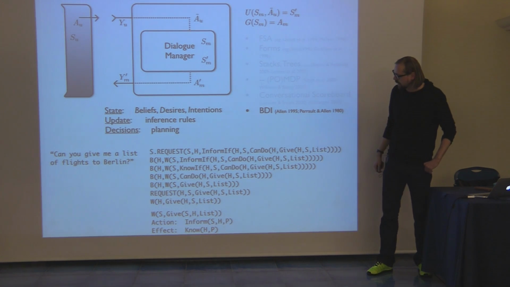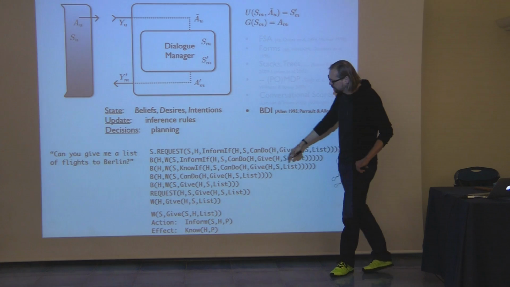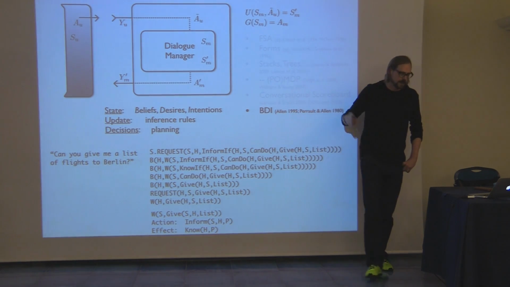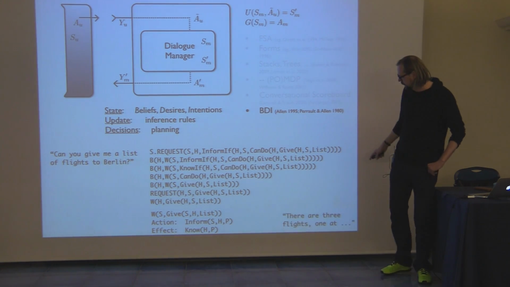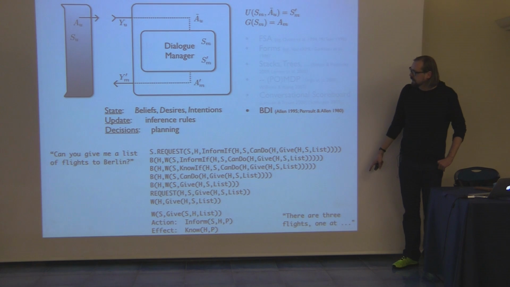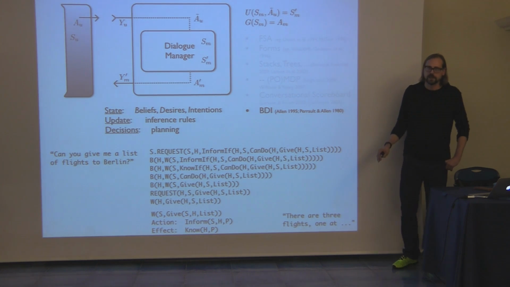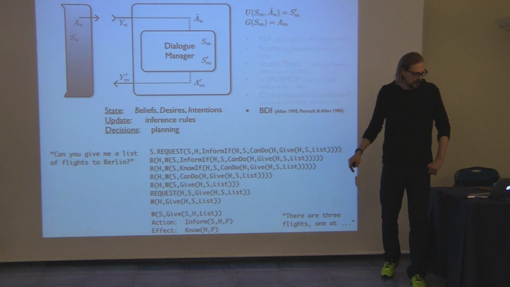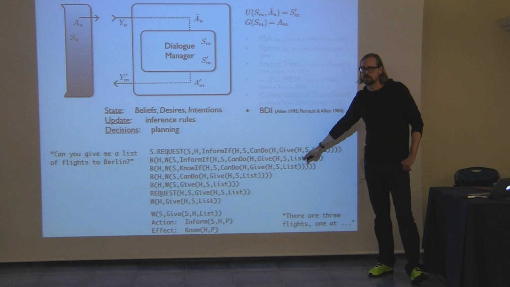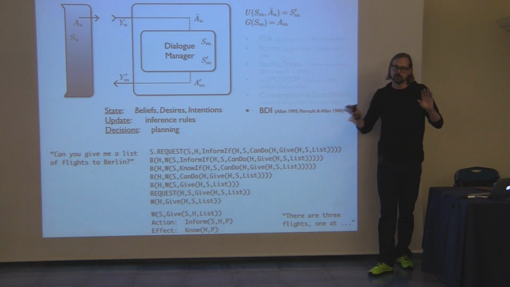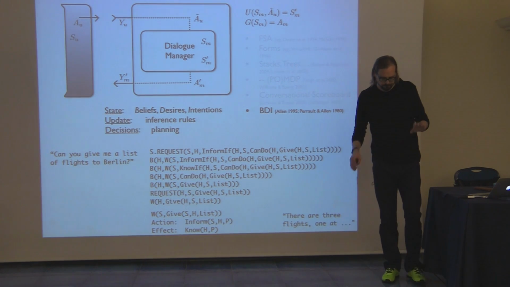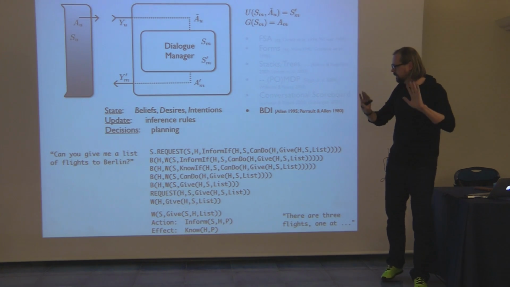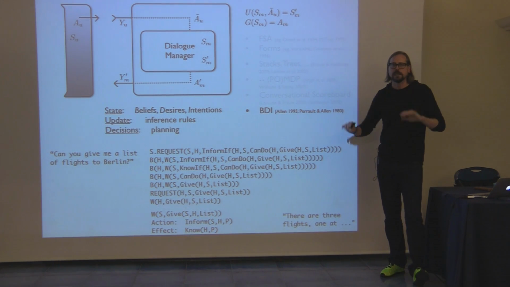If I'm in the state where I as the system want to give some information, then I perform an inform action and I actually give it, right? Yeah, so historically this turned out to be in the end a lot less flexible than you would have hoped for, because these rules were very difficult to maintain, and it was very difficult to judge the consequences that your whole system of rules will have.